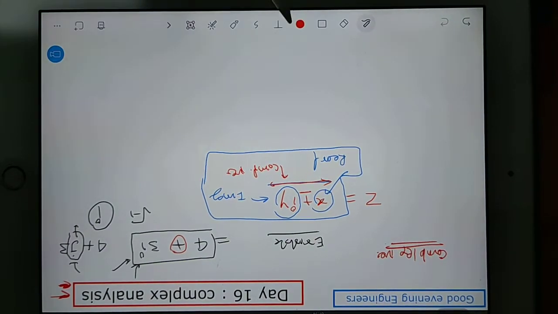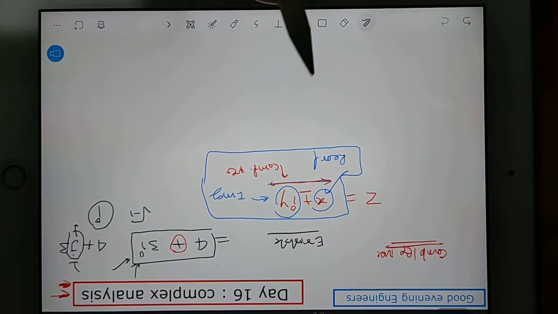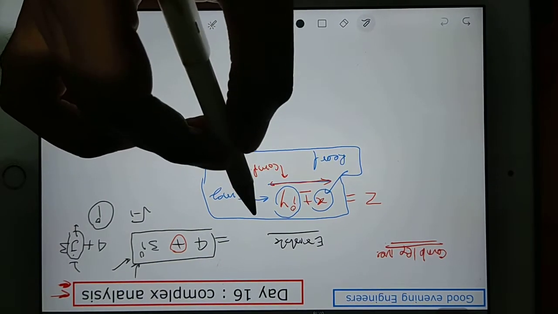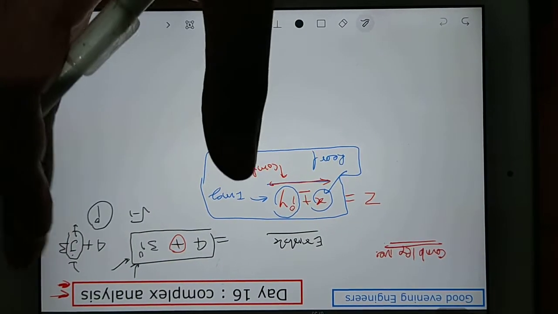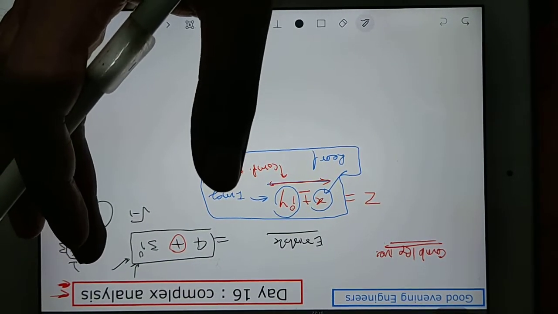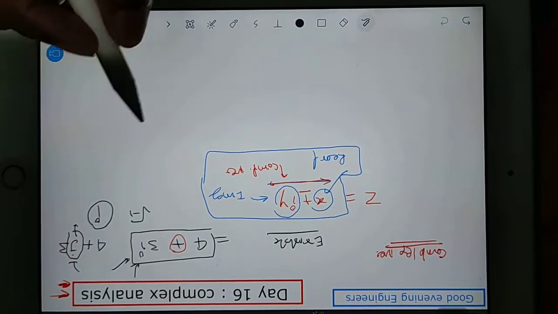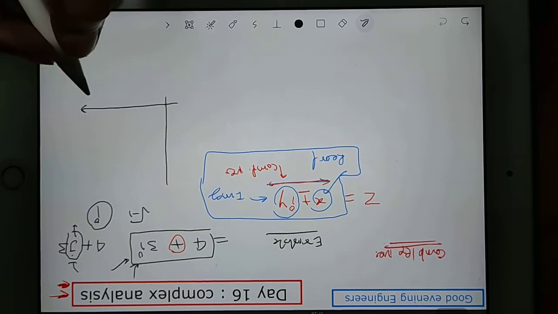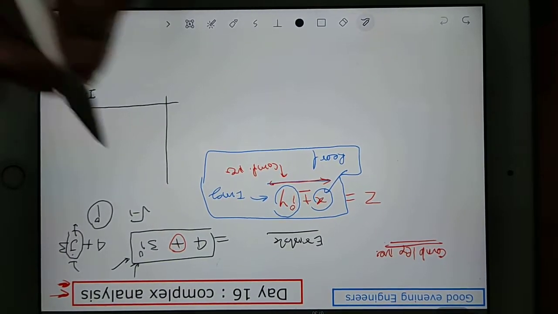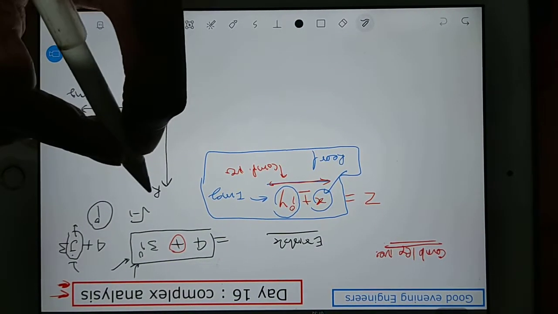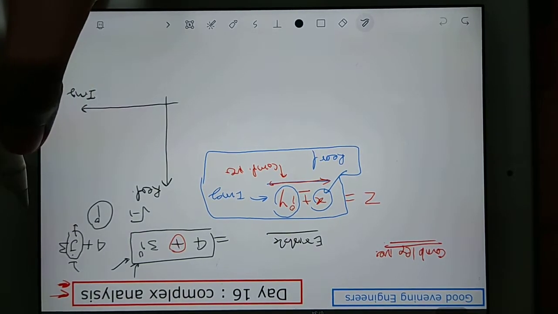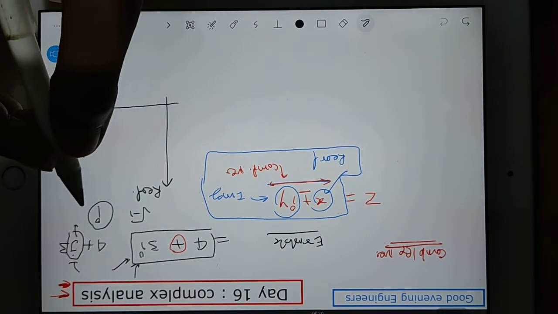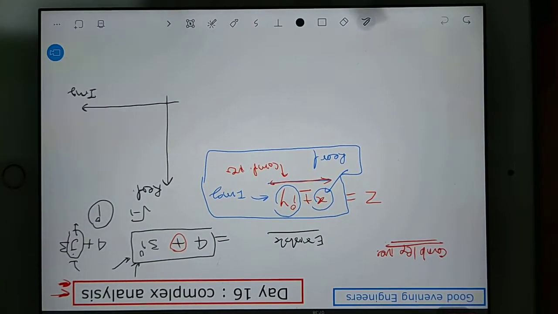Now if you want to draw a complex number, we need a standard plane for this. Like we have the xy plane, in the same way we choose another plane with two axes. On one axis you represent your imaginary number, and on the other axis you represent your real number. This plane we call the Argand plane.